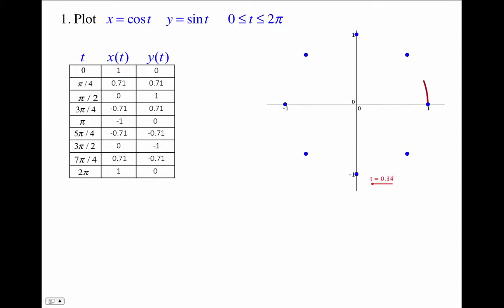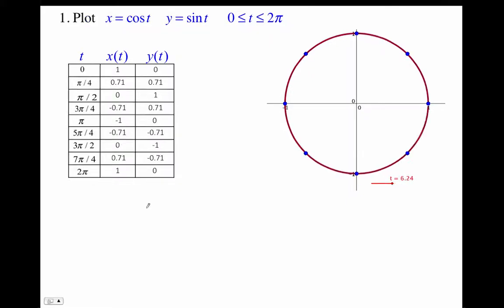Now I'm going to ask my computer to start drawing a graph. You can see at the bottom that t is taking different values. It started out from 0 and went up to 2 pi, but now it is decreasing. It's going back towards 0. The points x and y clearly lie upon a circle, and that circle has radius 1.